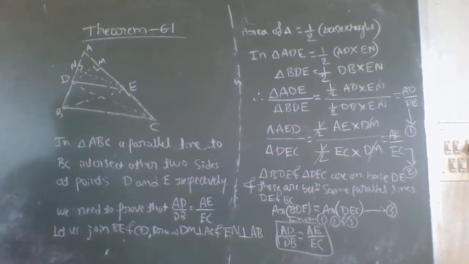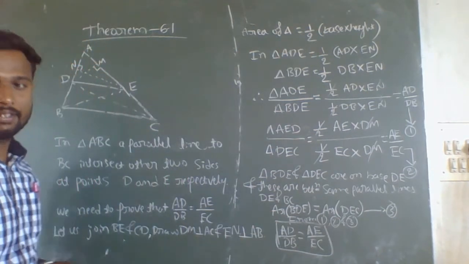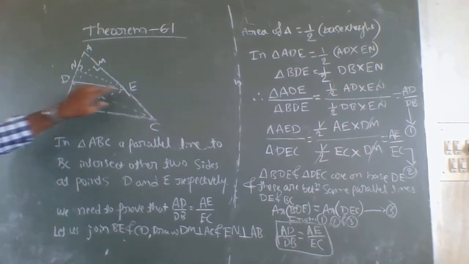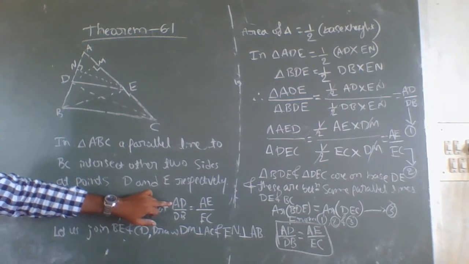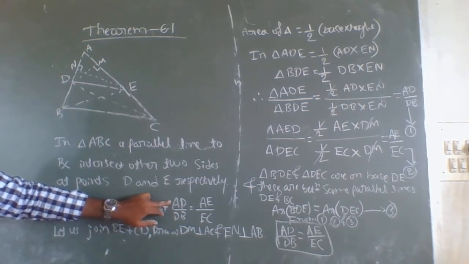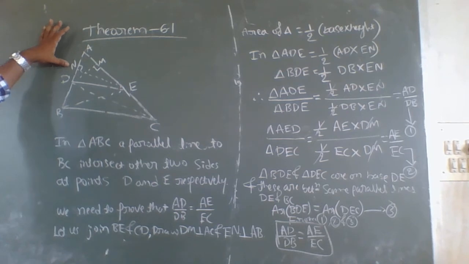So now area of triangle is 1 by 2 base into height. So first I will consider triangle ADE because here I have to prove AD by DB. So base should be AD first. So in triangle ADE, first I will consider AD as the base.